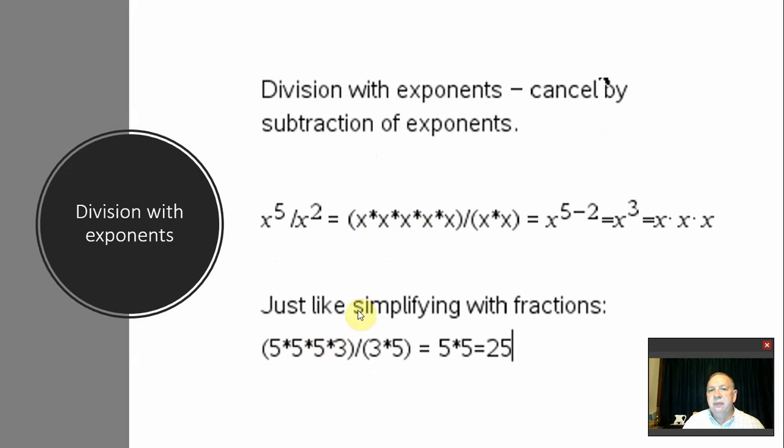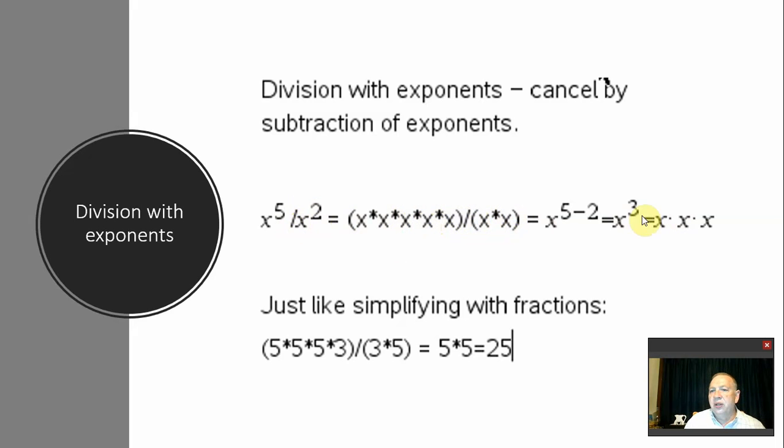If I divide when I'm using exponents, all I have to do is just cancel the common factors in both the top and the bottom, or just subtract exponents. So this is shorthand of saying x to the 5th. There's x multiplied by itself 5 times. Divide by x squared. I'm doing my x times my x. 2 of these are going to cancel.